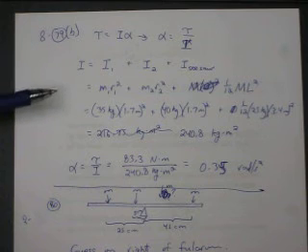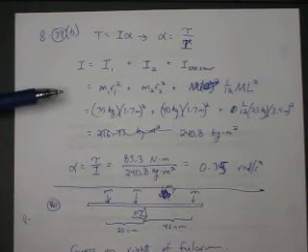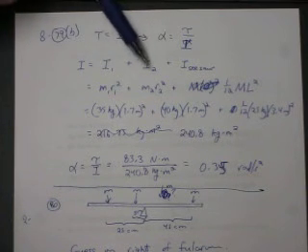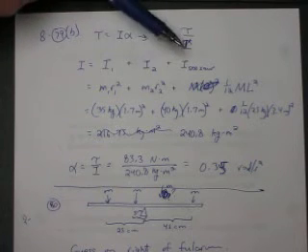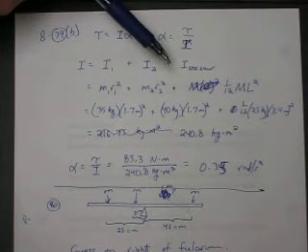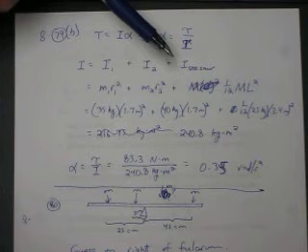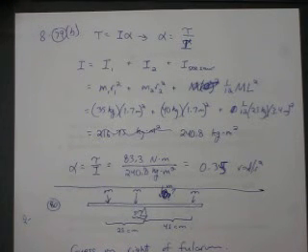So for the first child, we have m1 r1 squared. For the second child, we have m2 r2 squared. For the seesaw, you can look that up in the table, and it approximates a rod or a board that's being rotated about its center.